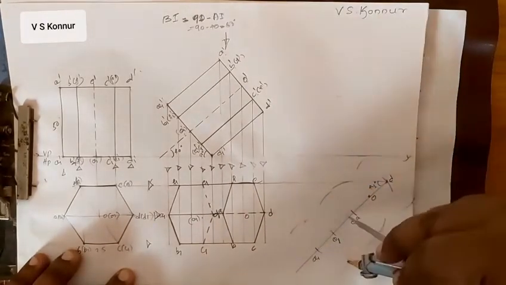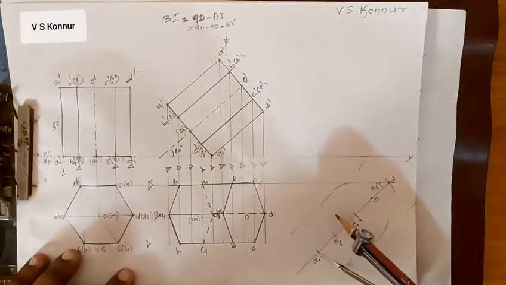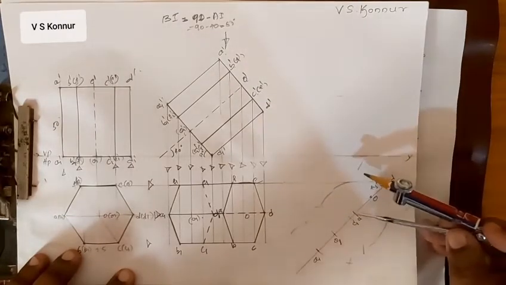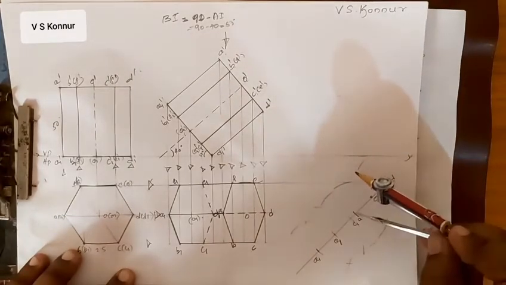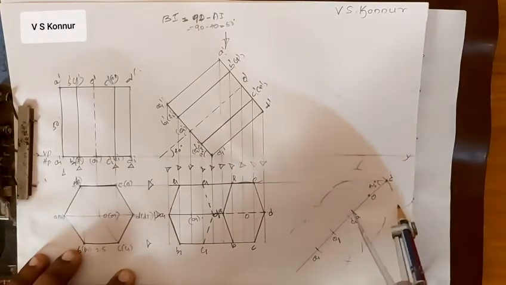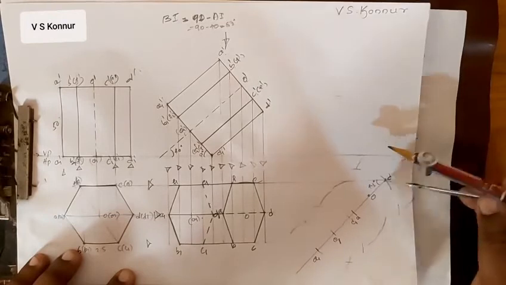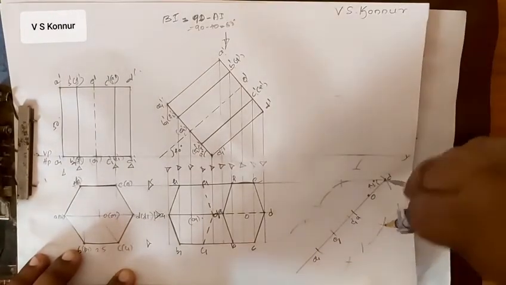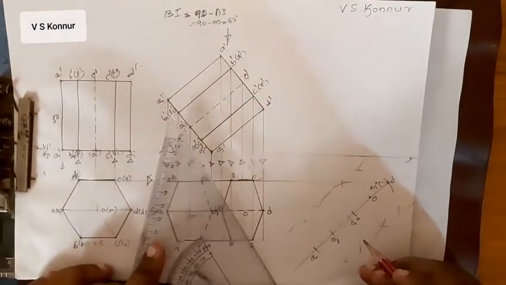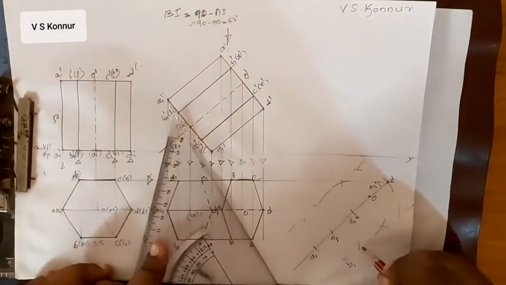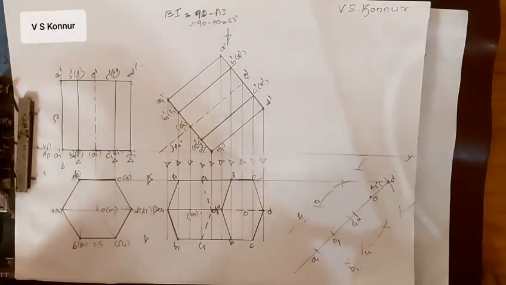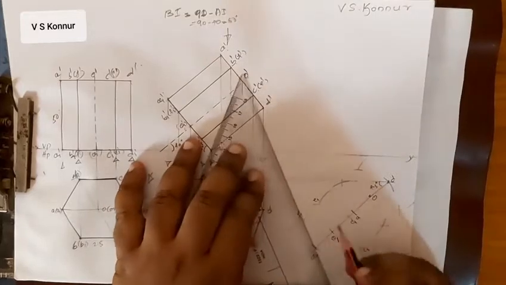From this point I will cut these two, then from the A1 point I will cut these two arcs, then from A point I will cut these two arcs, from D point we cut these two arcs. So we got all the points. This is B1, C1, E1, F1. Now we'll join each other.